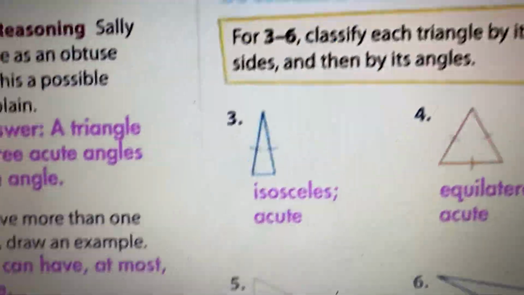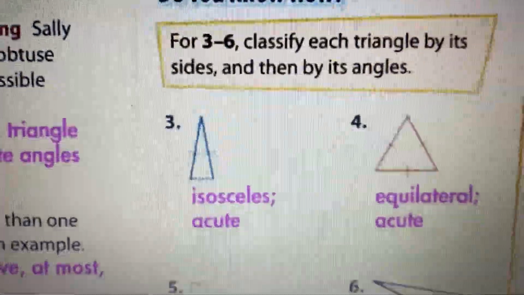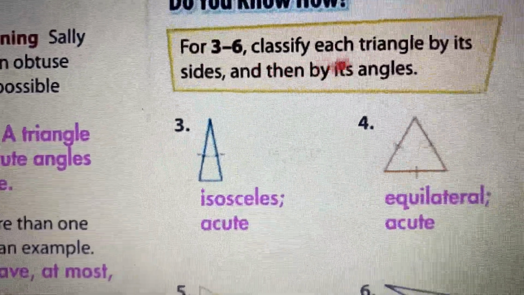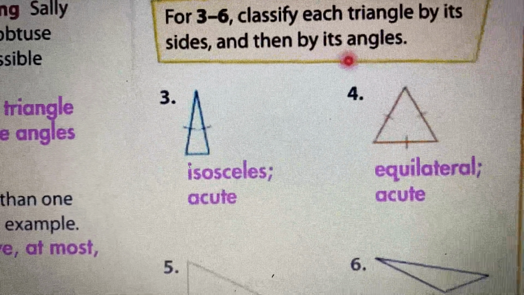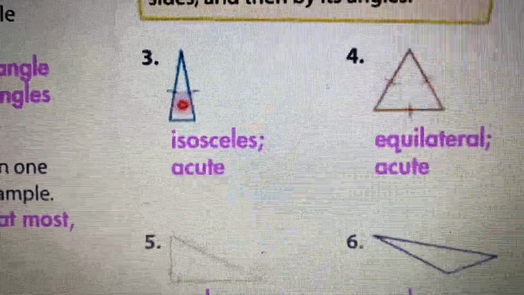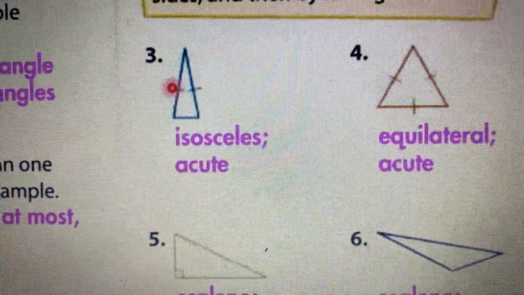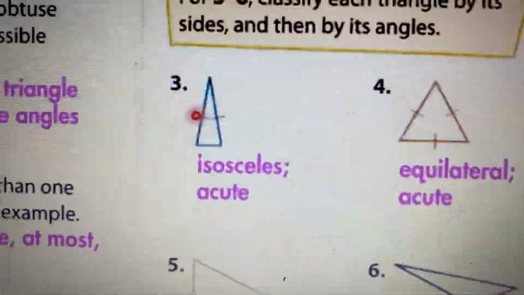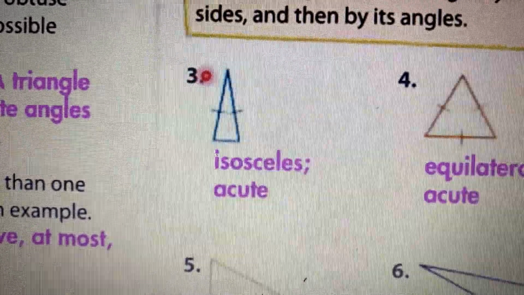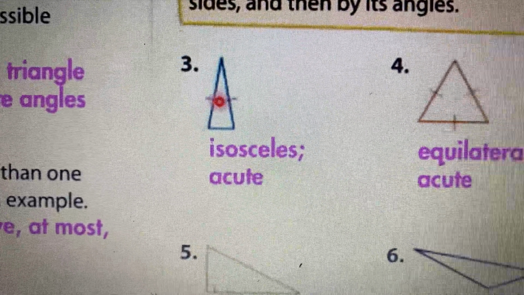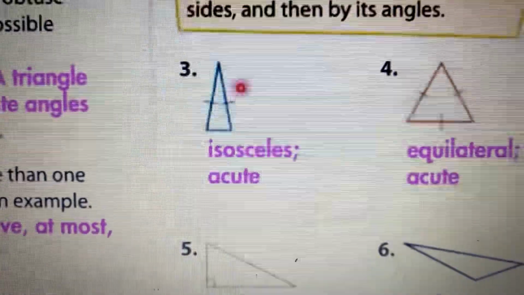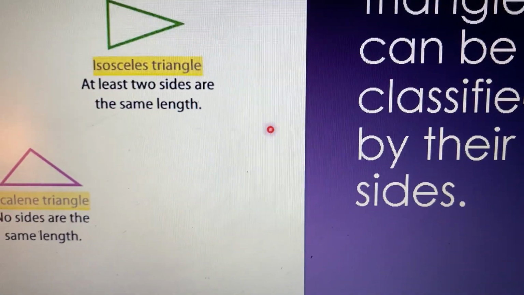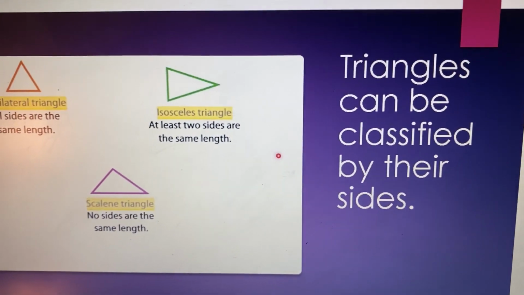Okay, now look here. In this question, we have to classify each triangle by its sides and then by its angles. Okay, girls, when you see these dashes on the lines, that means these lines are equal. So in number 3, it's telling us that these two are equal. Let's go back to the second slide.